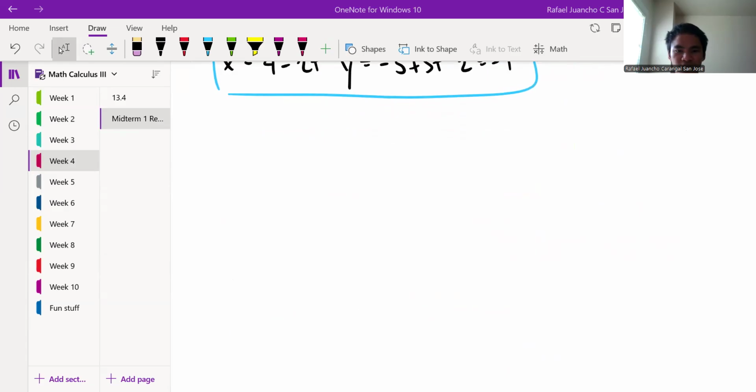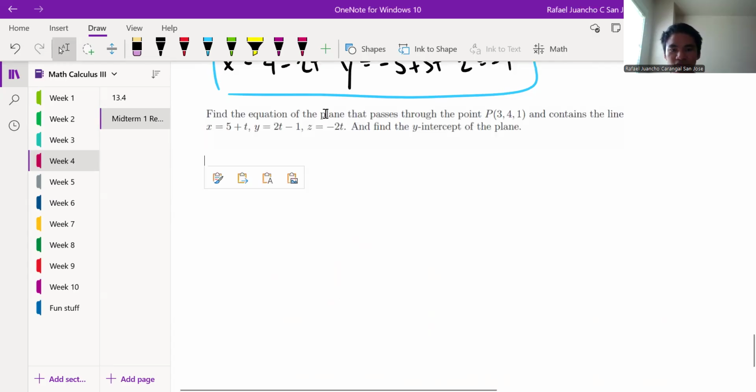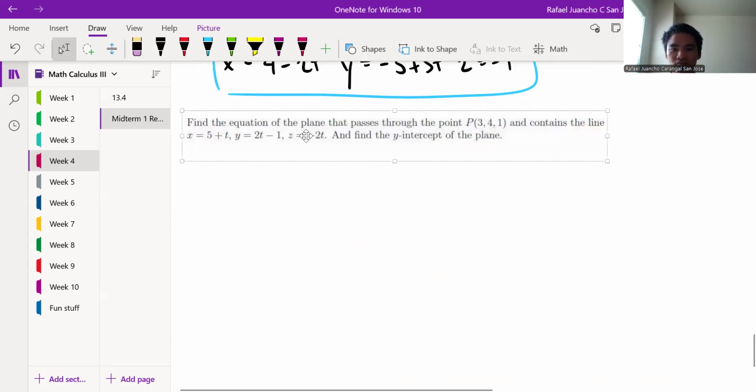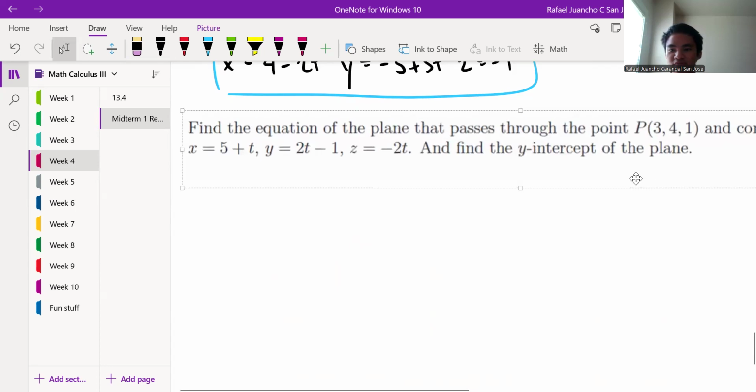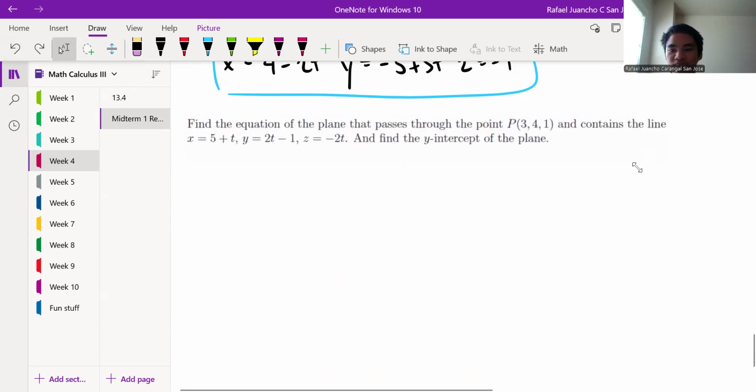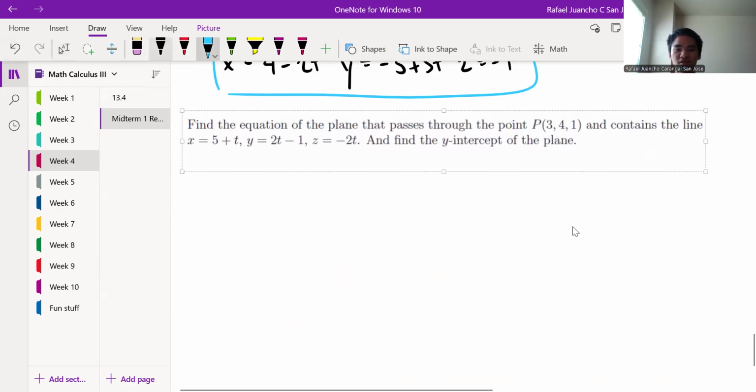Okay. Now we're being asked to find the equation of a plane. So now this one's a bit trickier. Because here, well, we're being scammed. No, I'm kidding. We want to find the equation of this plane, and it has to pass through.